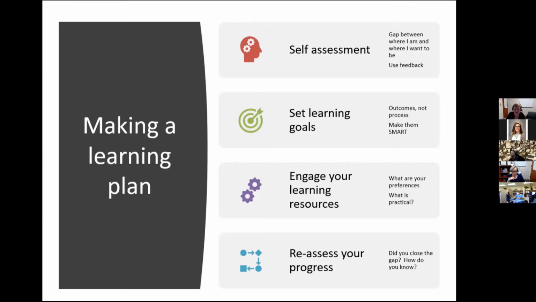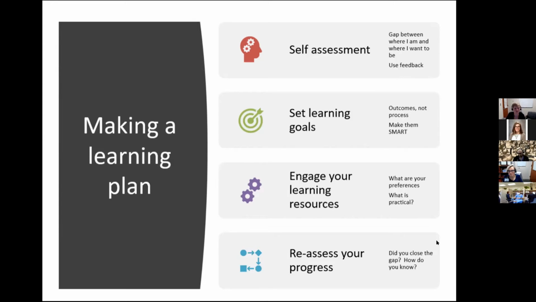But you can ease off of it, but having this structure of planning your learning, it really starts with assessing yourself and focusing on, where do I want to be? Where am I now? And how do I understand that gap between the two? And this is a really helpful place to use feedback, to use your evaluations.